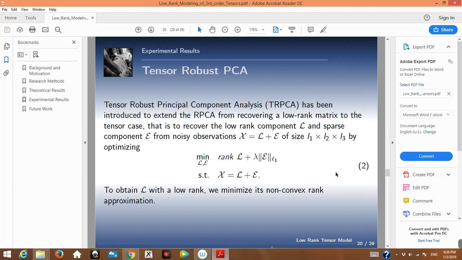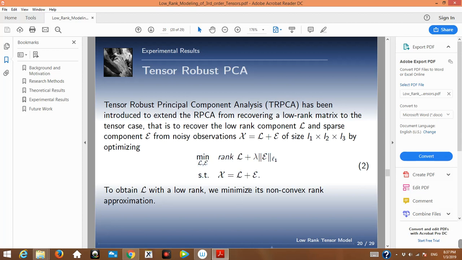Now, it is very natural to extend robust PCA from recovering a low rank matrix to recovering a low rank tensor. So that is our objective function.